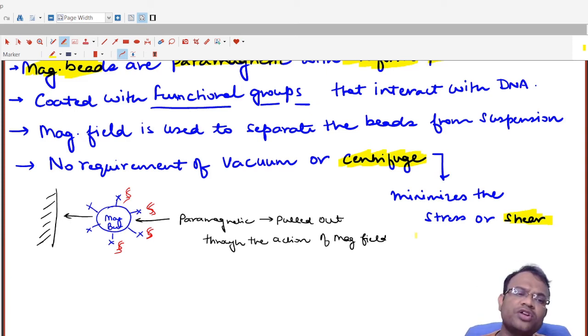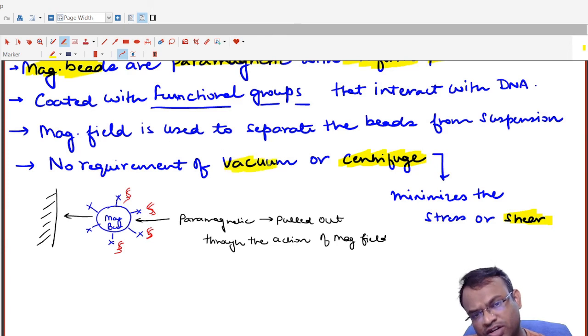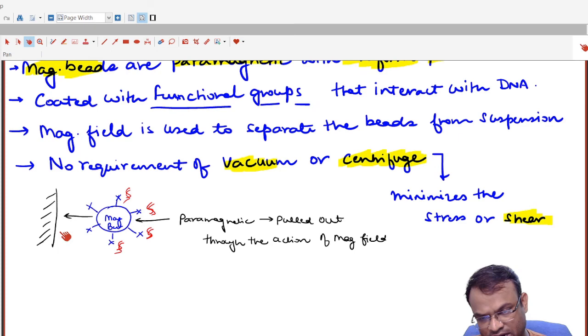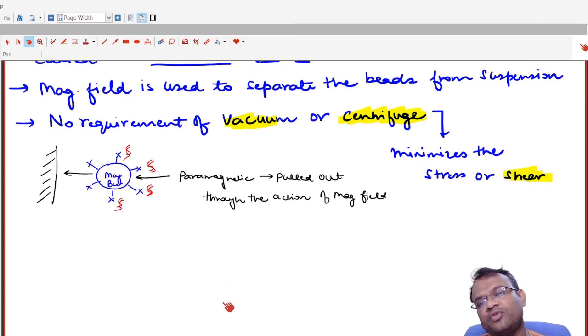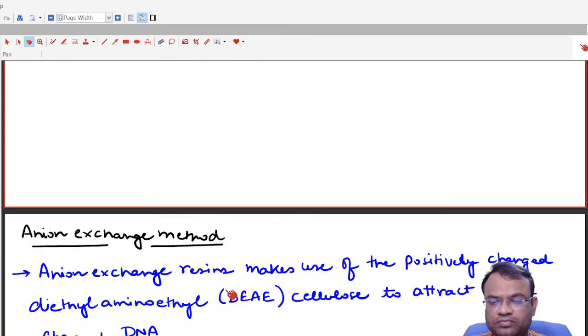You would not want your material to get destroyed. That is why you should aim at a method which utilizes minimum amount of stress. So over here you can see that no vacuum or centrifuge was utilized. You just used some amount of magnetic field to pull the magnetic beads. I hope you understood this.